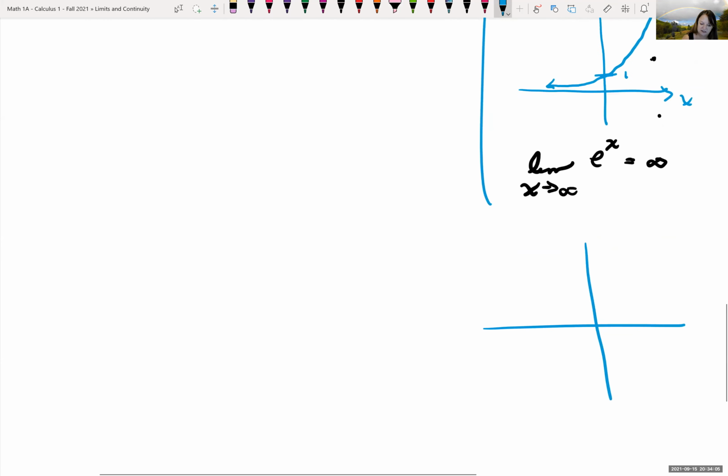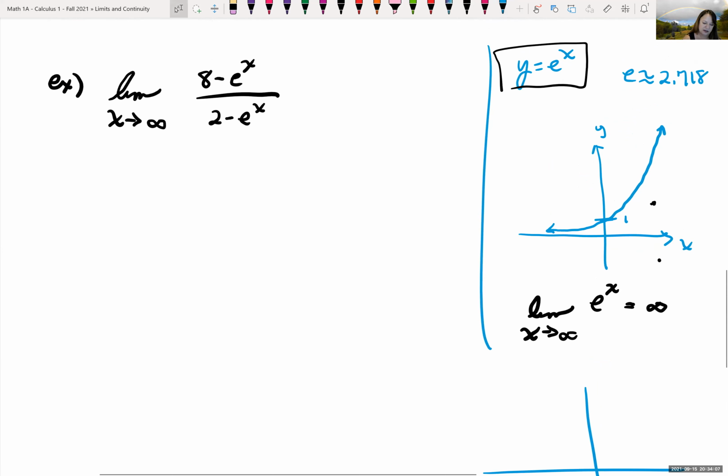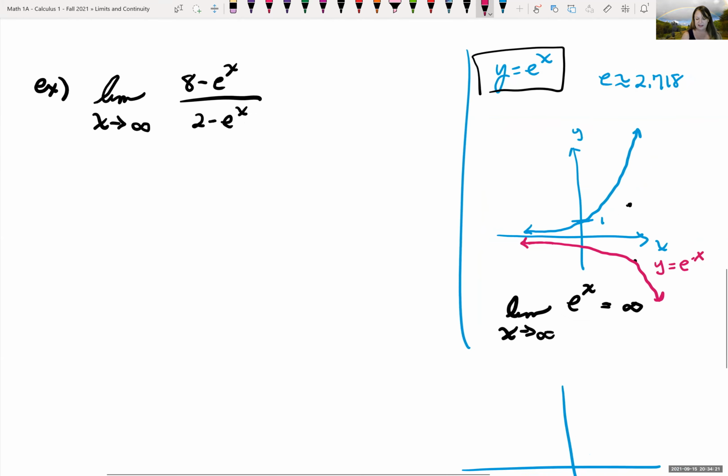A reflection of this, maybe you can do it on the same axis, across the x-axis, looks like that.